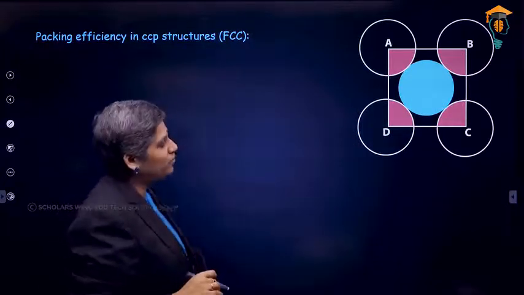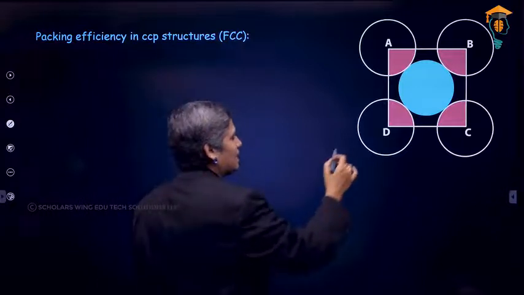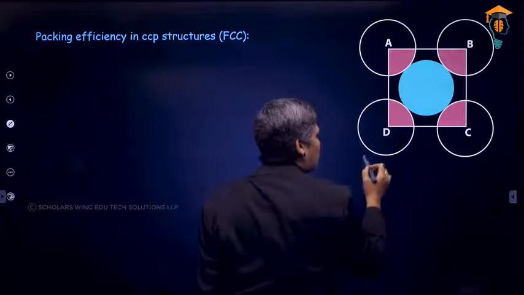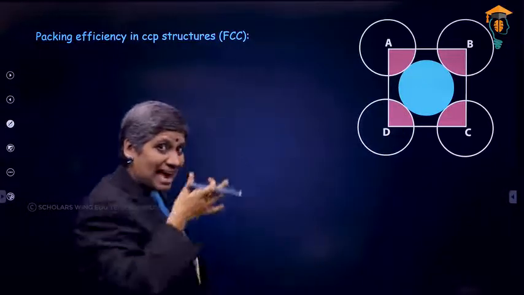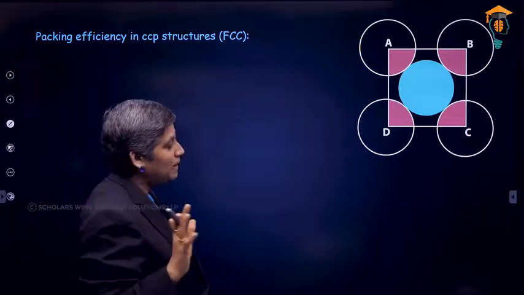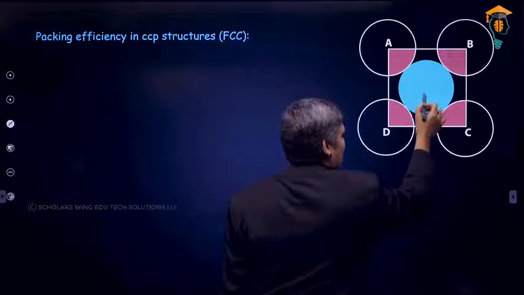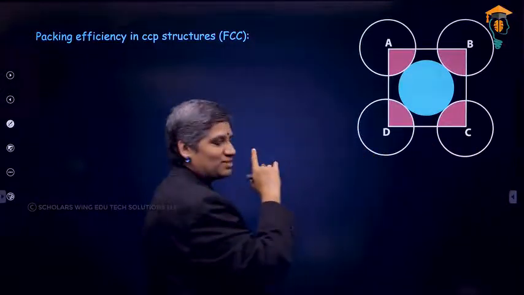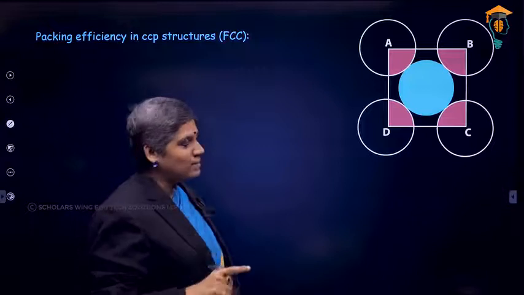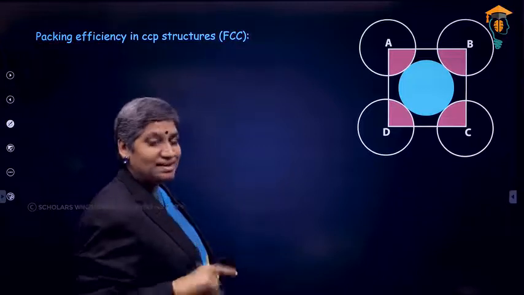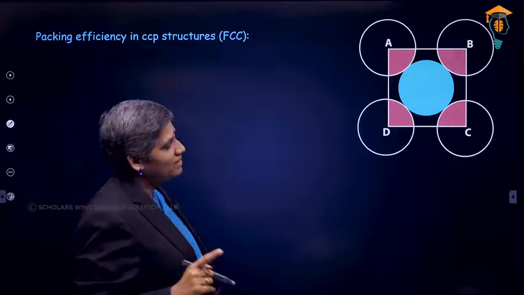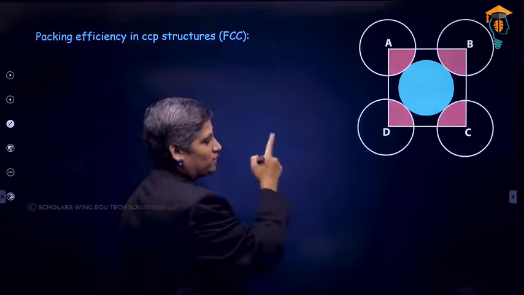It's very clear that the spheres at the corners along the edge are not touching. But the spheres at the corners and at the face center are touching each other. That means we need to consider the face diagonal, the diagonal passing through the face which we have focused on here.